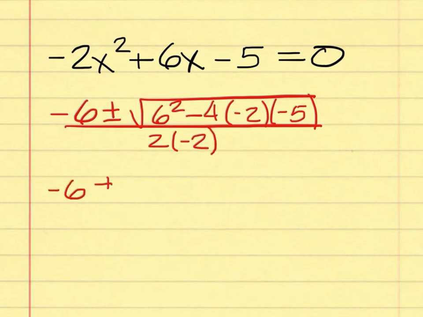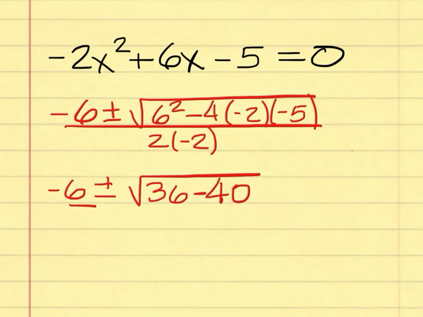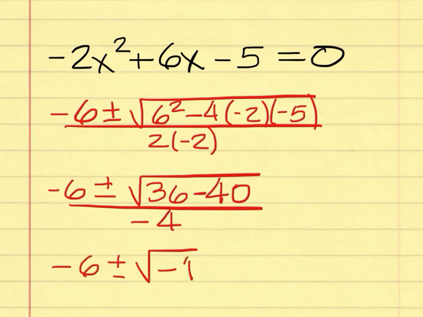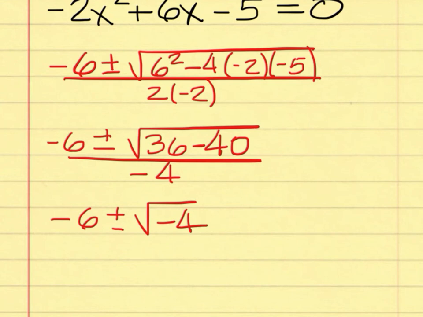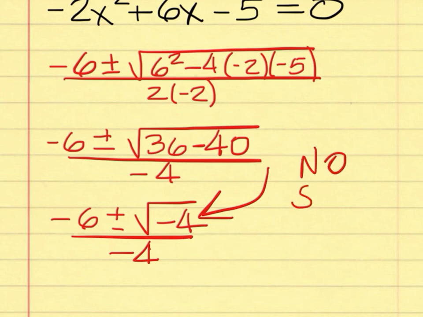Simplify to get negative 6 plus or minus the square root of 36 minus 40, all of this over a negative 4. So negative 6 plus or minus the square root of a negative 4 over negative 4 is going to tell me that since this is negative, I have no solution.